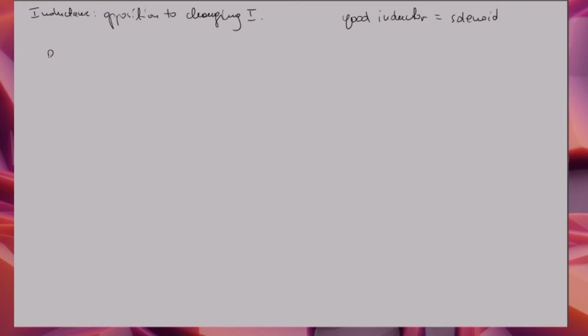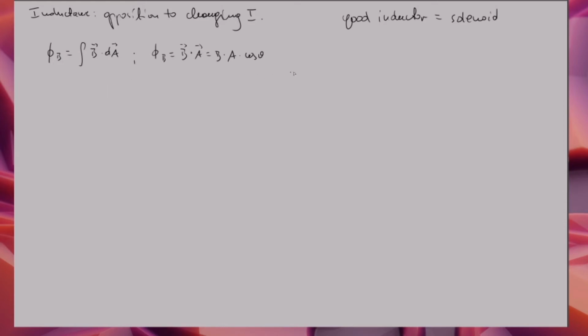Magnetic flux is defined as, well, this is the proper definition, B dot dA. For those of you who did not take a calculus class, but the algebra-based class, the flux is B dot A, or just B times A times the cosine of the angle theta.